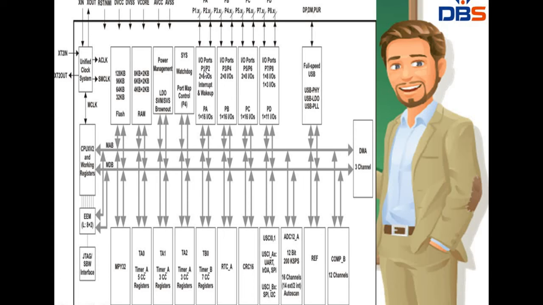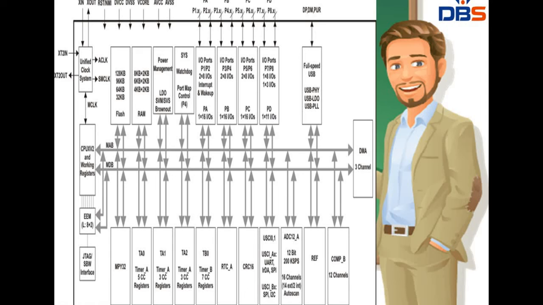P1 and P2 are combined, you can write it as the P1, P2 port, and we call it port A. P1 and P2 are called port A, P3 and P4 are called port B, P5 and P6 are called port C, and P7 and P8 are called port D respectively.